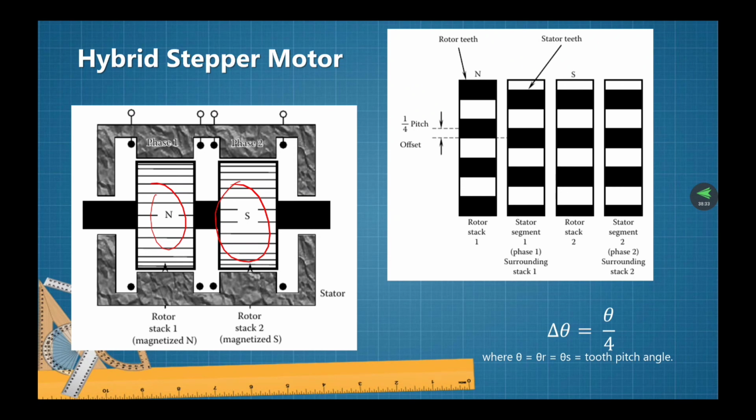There are two stator segments surrounding the two rotor stacks. Both rotor and stator have teeth, and their pitch angles are equal. Each stator segment is wound for a single phase, and accordingly the number of phases is 2. It follows that the hybrid stepper is similar in mechanical design and stator winding to a two-stack equal pitch VR stepper. There are some dissimilarities, however.